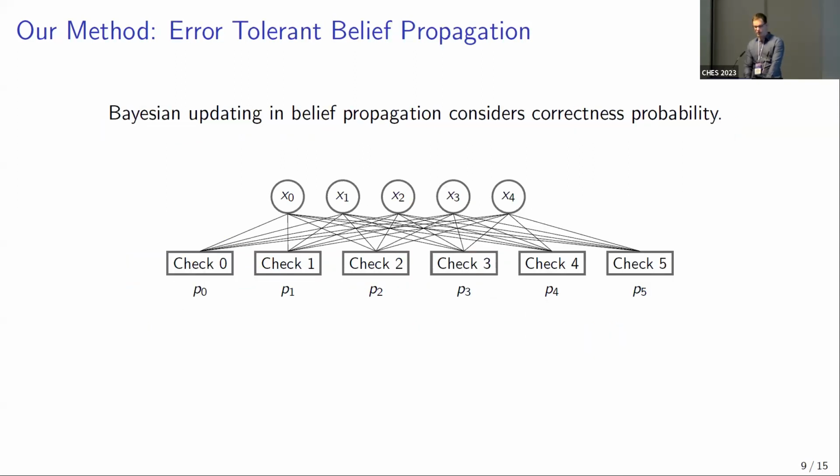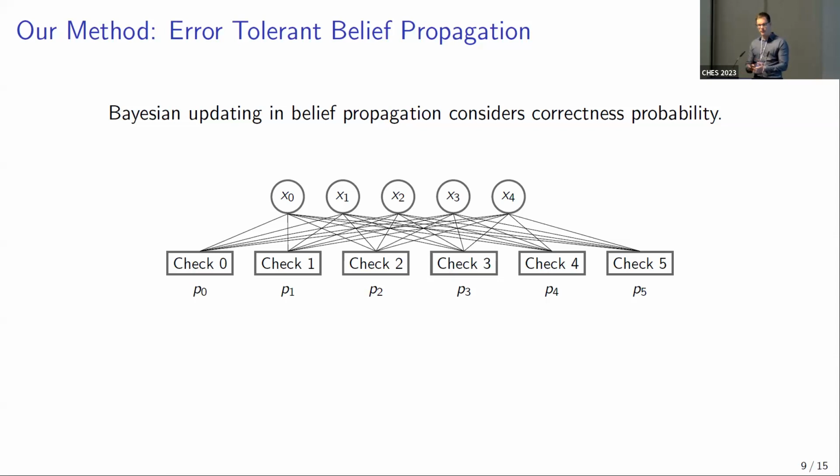So in the first step, we took care of the belief propagation and made it error tolerant. The belief propagation in this case looks a bit like in LDPC codes, just that it's not low density, it's fully connected. We have check nodes in this belief propagation, and those represent inequalities.